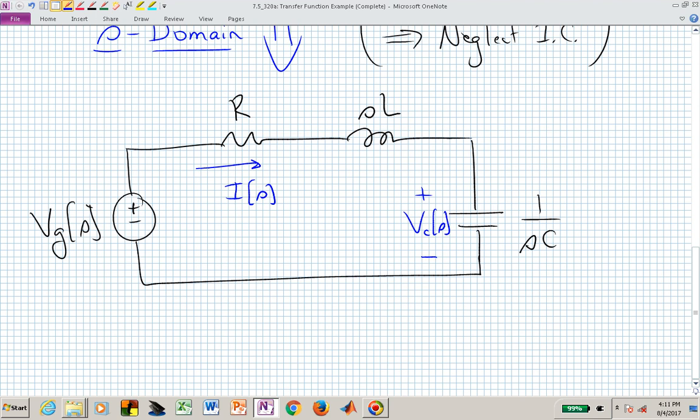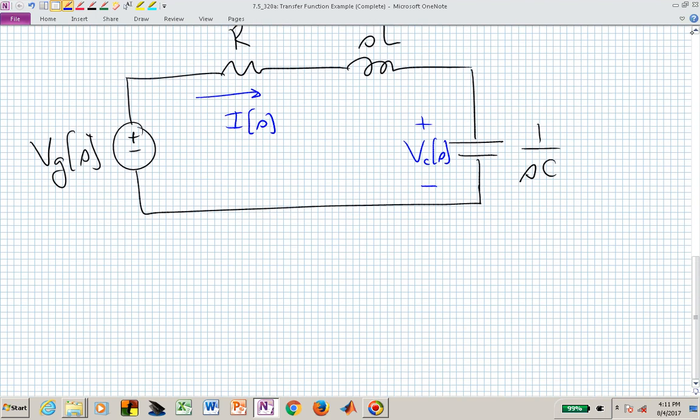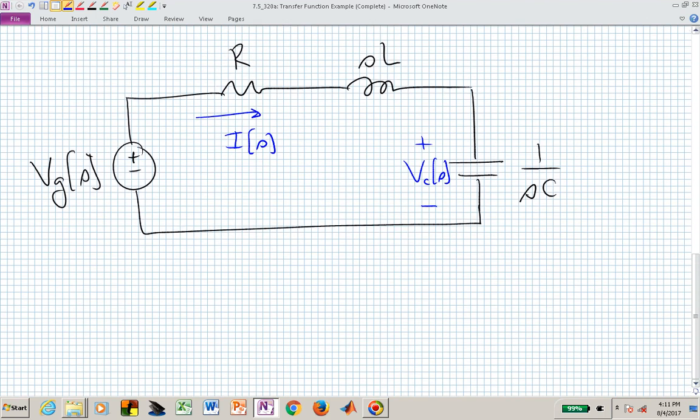Suppose somebody now wants to find the current. The beauty of the S domain is that we can apply the analysis we learned very early on in electrical engineering, with purely resistive circuits where everything was algebra. Now we can do the same thing, except these are more than just resistors. We have generalized resistors, which are impedances: inductors with an impedance of SL, and capacitors with an impedance of 1 over SC.